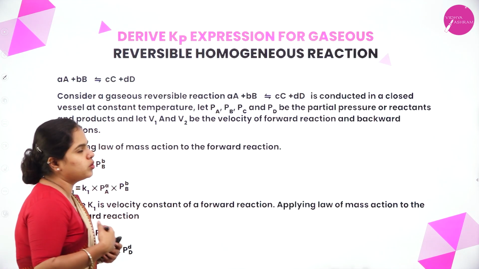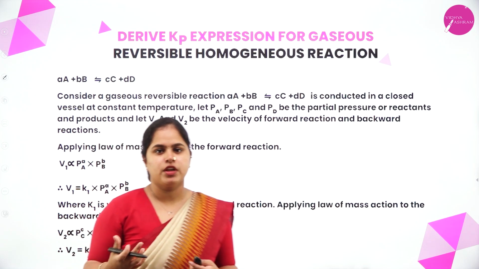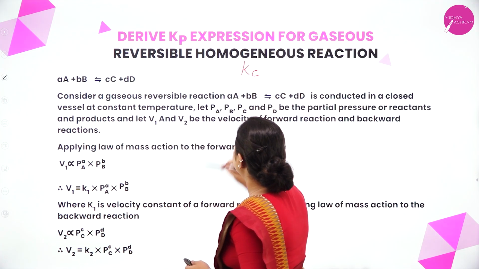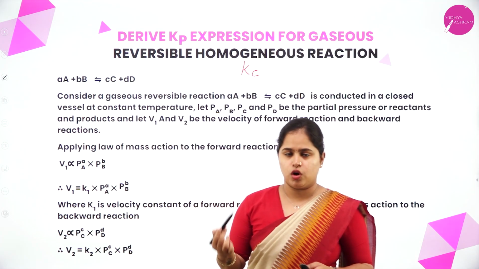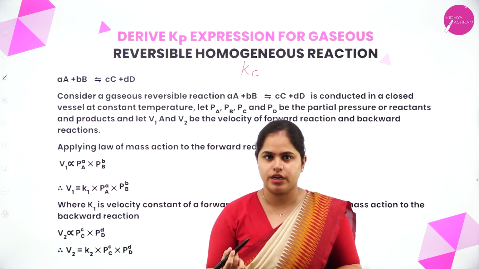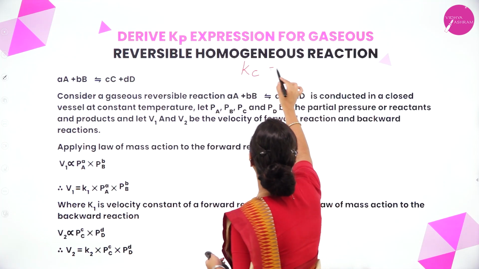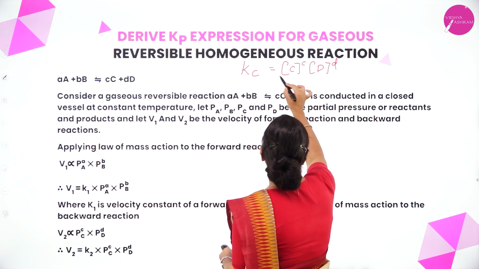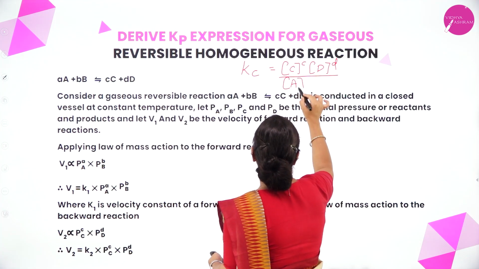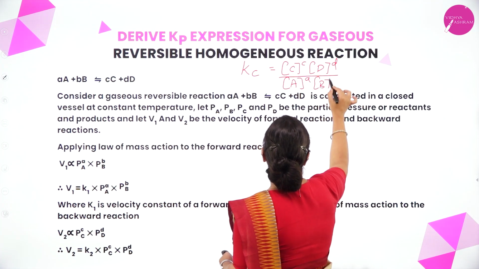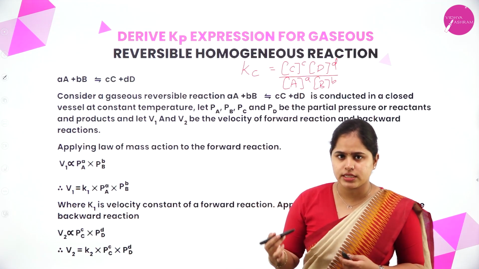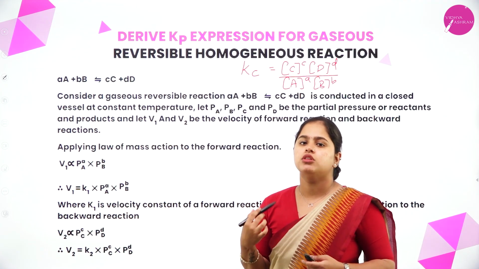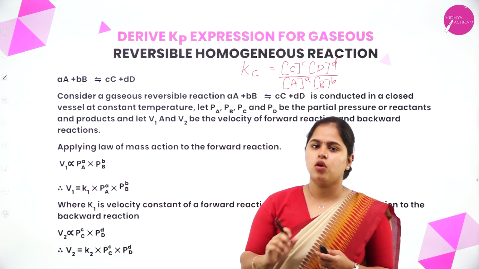Now let's understand how to derive an equation for Kp. Why were we using Kc? We were defining the equilibrium constant in terms of concentration, right? How do you write it? Kc will be equal to [C] to the power c into [D] to the power d divided by [A] to the power a into [B] to the power b, where C and D are the products and A and B are the reactants, and it is mentioned in brackets to show that it is their molar concentration, right?